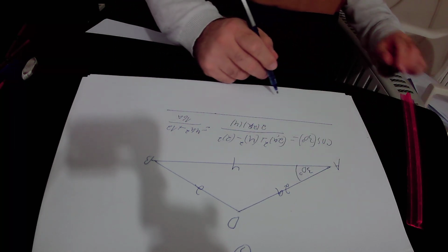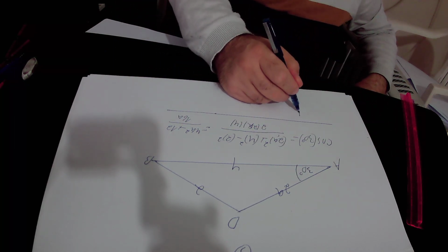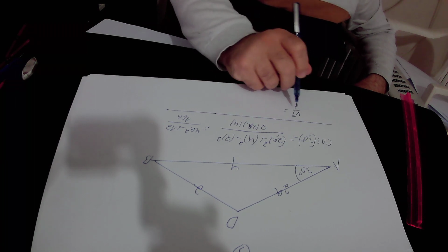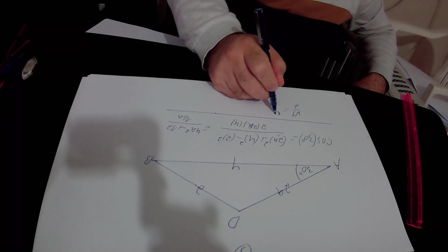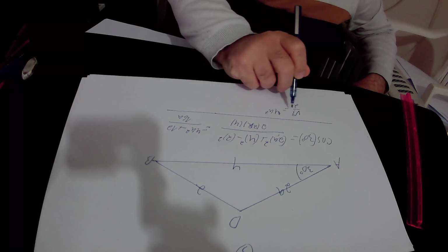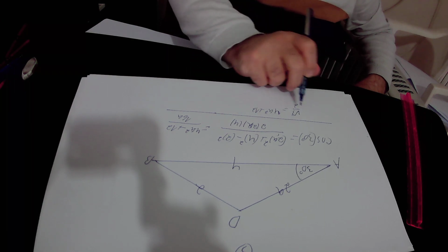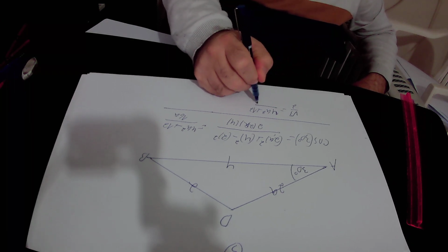And cosine 30 degrees is square root of 3 over 2 equals 4a squared plus 12 over 16a.